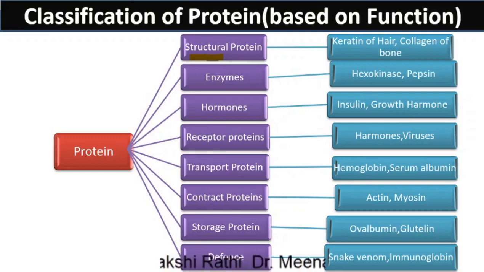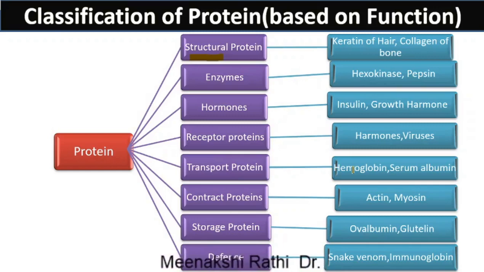For example, snake venom, snakes use this protein as a defense mechanism. Immunoglobulins are present in our body and increase our immunity. So based on function, proteins are classified into these types.